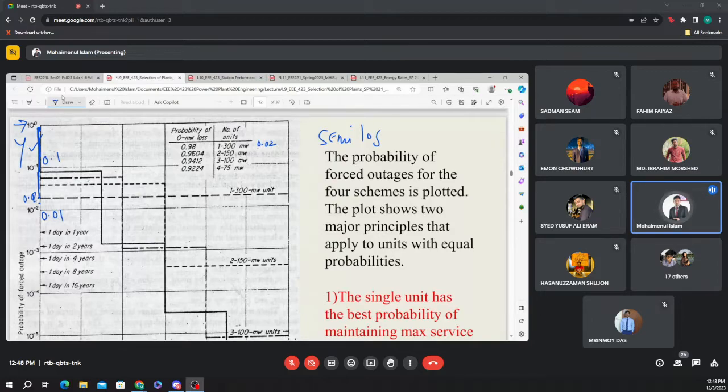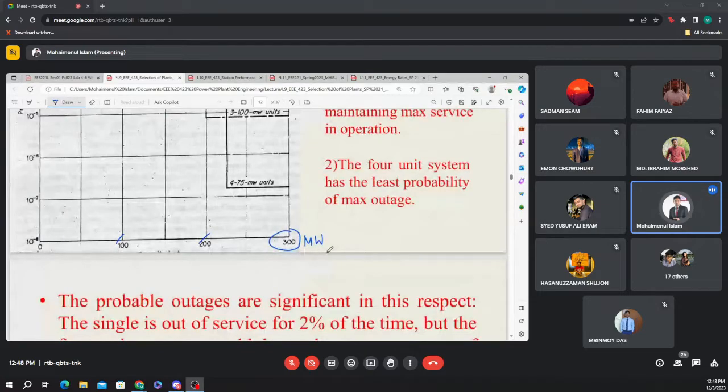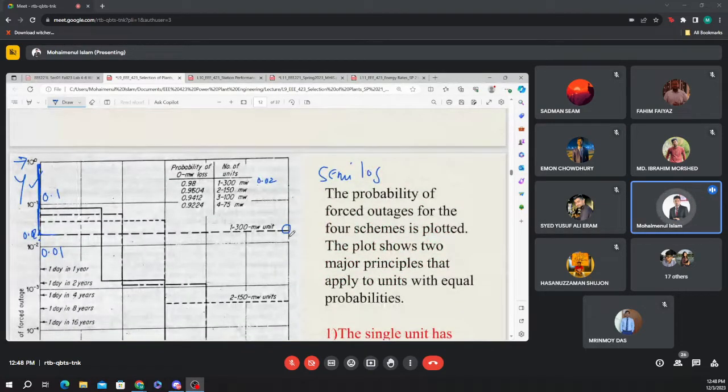From this point, you need to draw a constant line up to 300 megawatts on our x-axis. So one single 300 megawatt unit shows the whole probability of outage is 0.02, and the probability of no loss of the generator, meaning they are still operational, is 0.98, somewhere here. This is the first line of the graph.